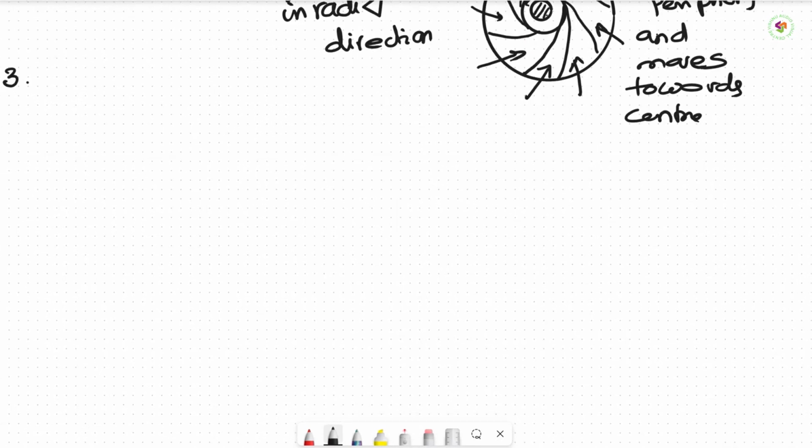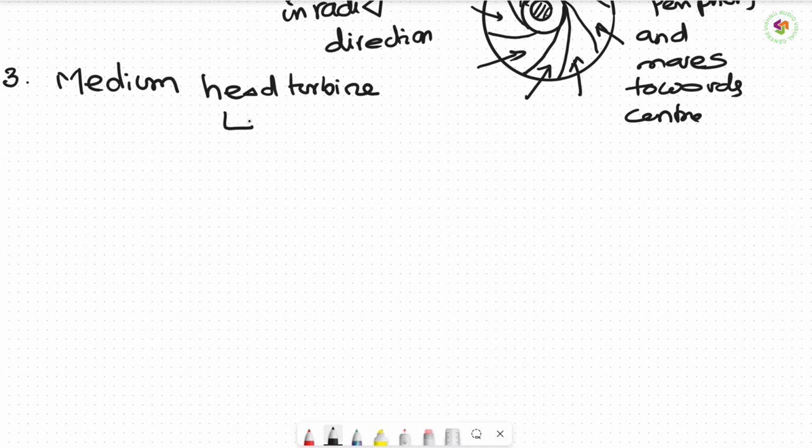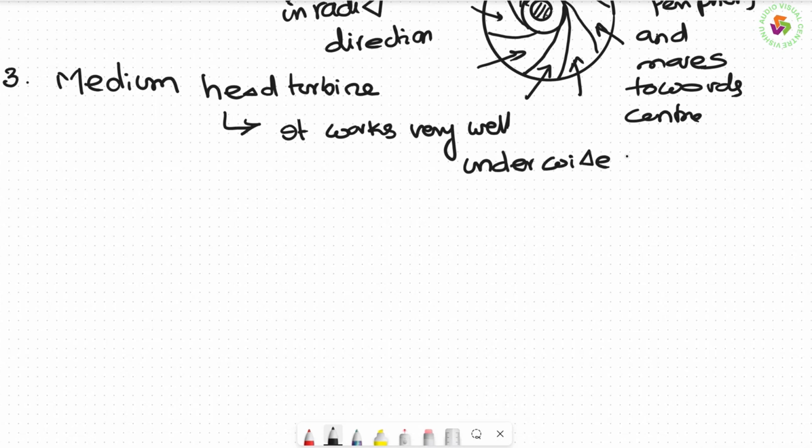That is the second characteristic. The third characteristic of Francis turbine is that it is a medium head turbine. That means it works very well under widely varying conditions of head.